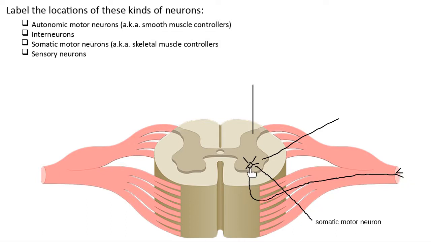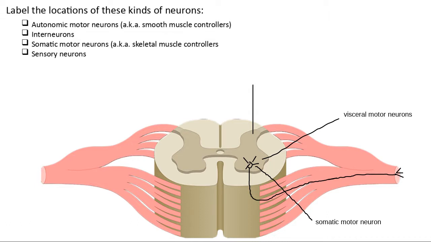Right next door to where my somatic motor neuron lives, right next door in the lateral horn is where I'm going to find the cell bodies of autonomic motor neurons. My ones that control smooth muscle, so my ones that control your organs, for example. The lateral horn is where we have what are called visceral motor neurons.